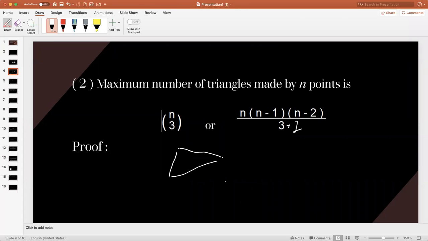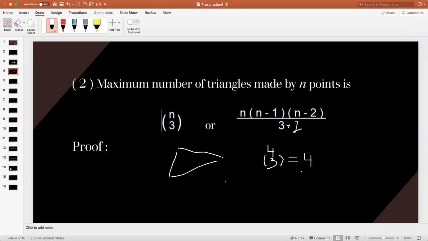Since we need 3 points to make one triangle, out of those four dots we pick three of them, which, after you calculate it, is equal to 4. If we broaden our understanding of this, then if there are n points, we pick any three of those n points, and with those 3 points we make one triangle.